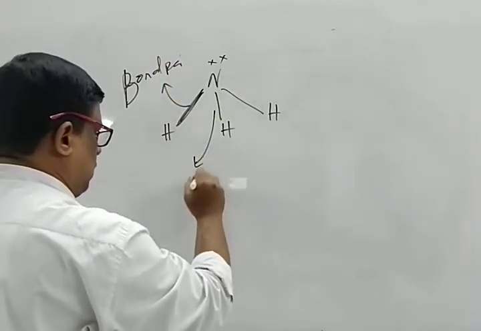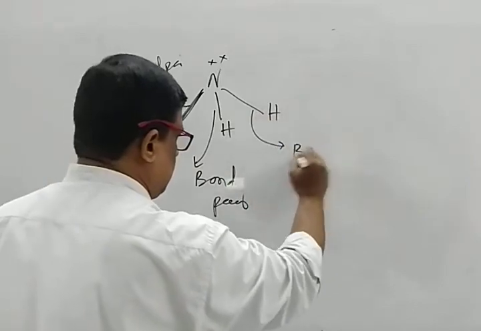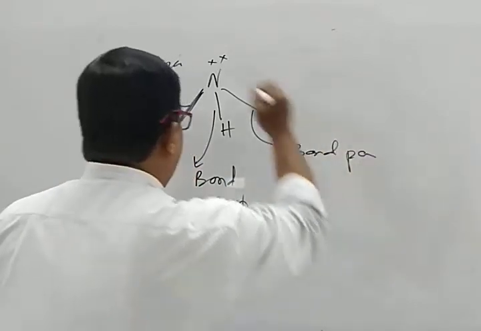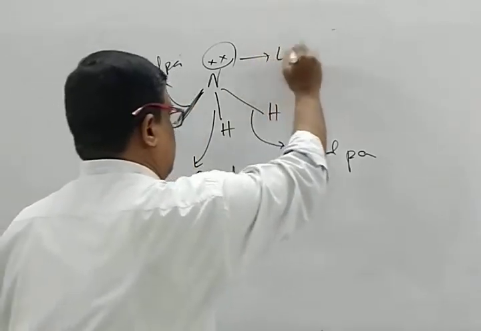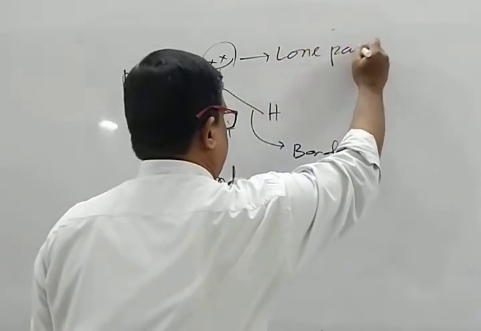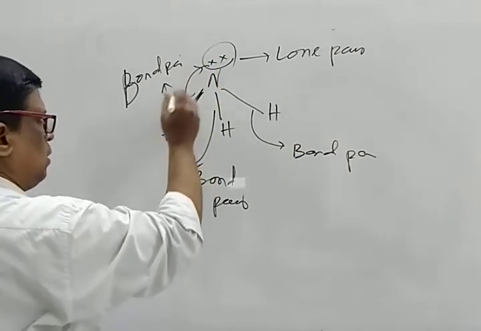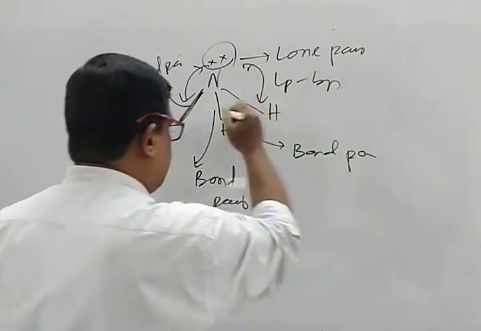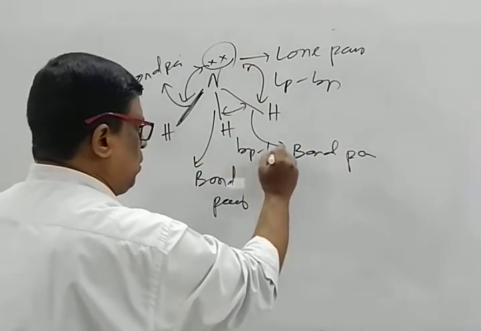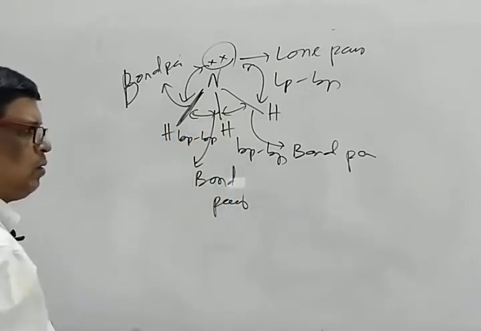This is also a bond pair, and this is also a bond pair. While this one is already paired before bonding, so it is known as a lone pair. So between the lone pair and a bond pair, and between bond pairs, there is repulsion.